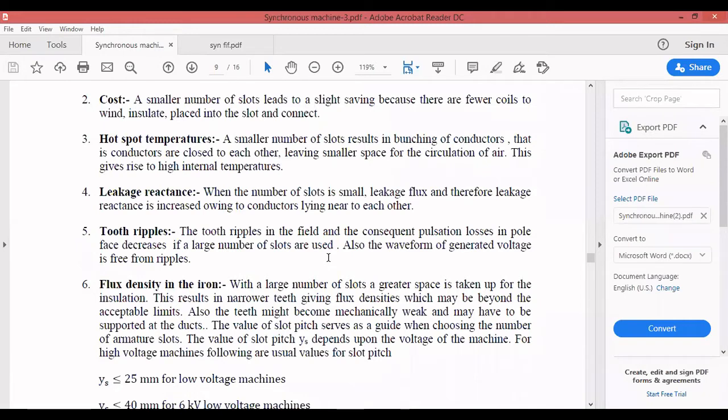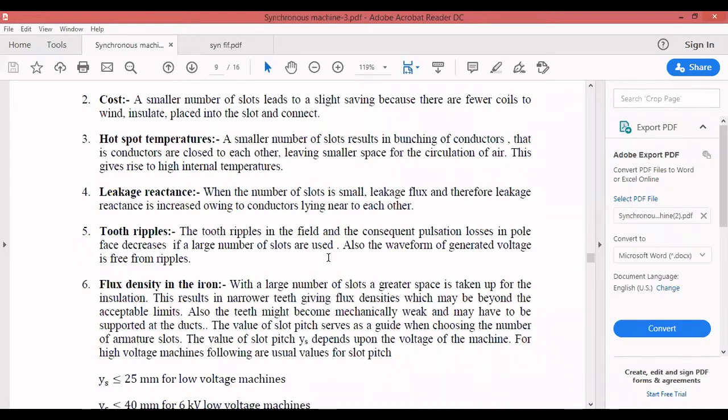If you use a small number of slots, what will happen? There is a chance of making tooth ripples. The revolving magnetic field will otherwise be almost similar to a pure sine wave, and the same sine wave has to pass onto the rotor conductors.